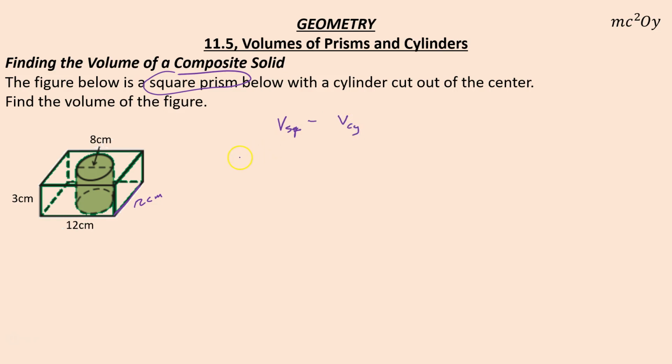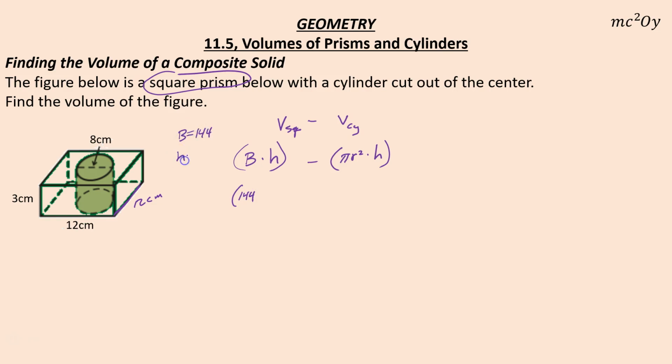The volume of the square prism is going to be the area of the base times the height. And the volume of the cylinder is going to be pi r squared times the same height, right? Looks like they're going the same height there. So the area of the base, well, our base is 12 by 12, or 144. So B equals 144.